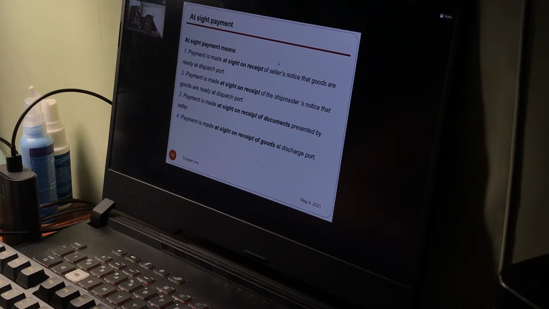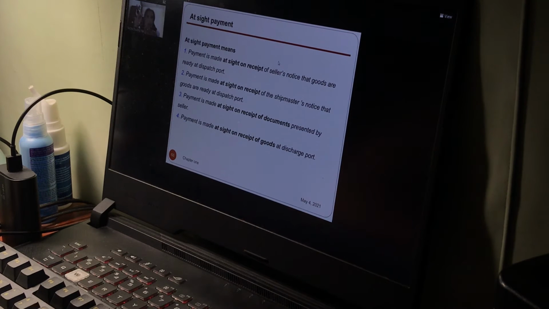Look at the slide. We have 4 different cases. They are all at sight payment.